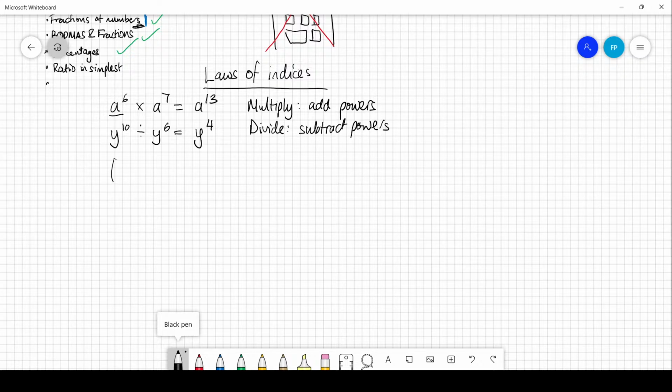If you have something embedded inside another, like b to the power of 4, and then that's in brackets, and then it has another power to the power of, let's say, 3, you multiply the powers.